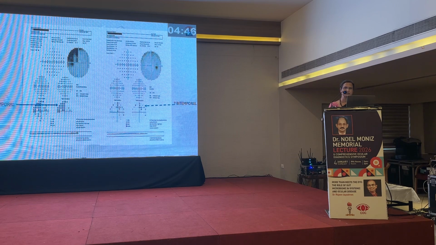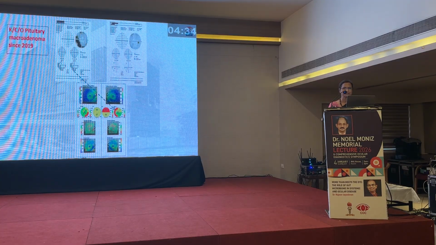So was this a bitemporal defect? When we did an MRI, it turned out to be a pituitary macroadenoma. So any small pattern has to get our antennae up. This was a patient with a known case of pituitary macroadenoma, which I had been following up since 2019.